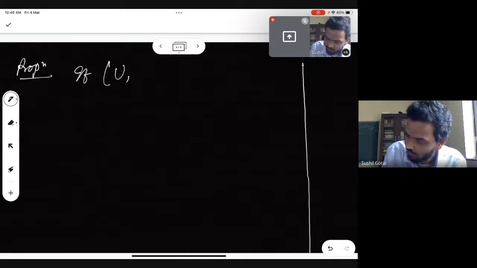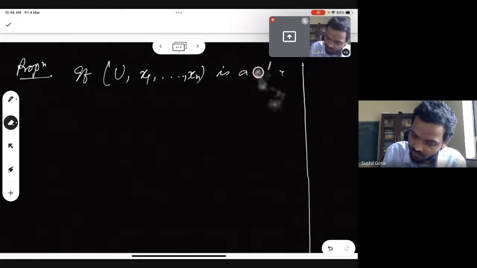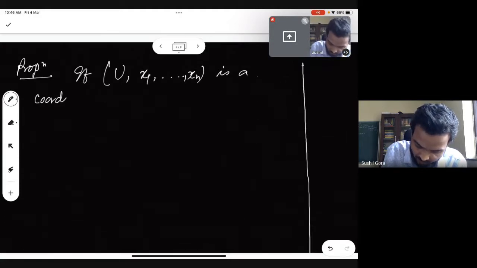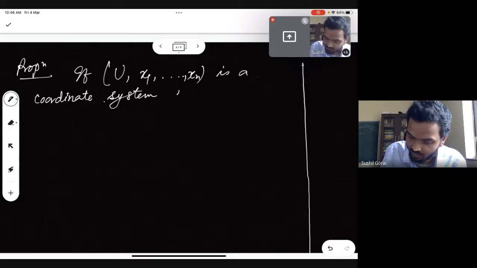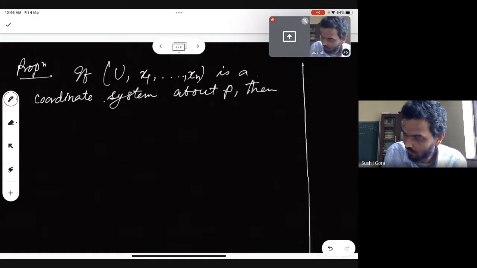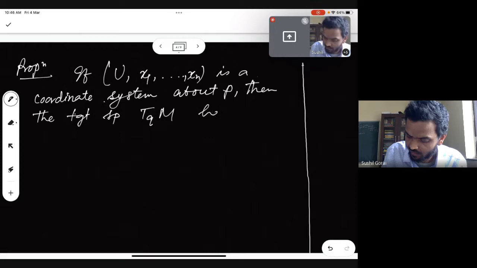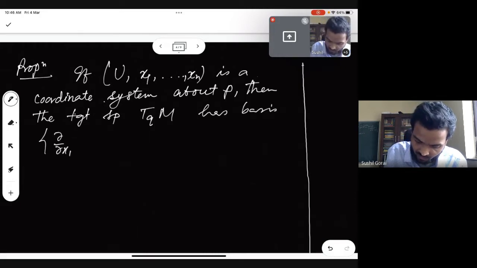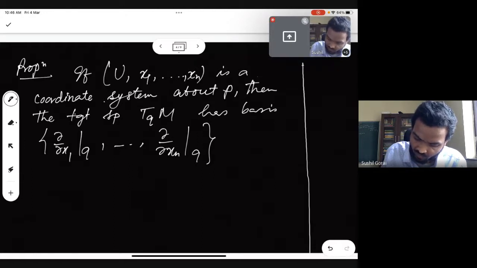If (U, x1, x2, ..., xn) is a chart, or a coordinate system, coordinate system is the better term, about p, then the tangent space TqM has basis del by del x1 at q, ..., del by del xn at q, for all q in U. The tangent space has this basis.